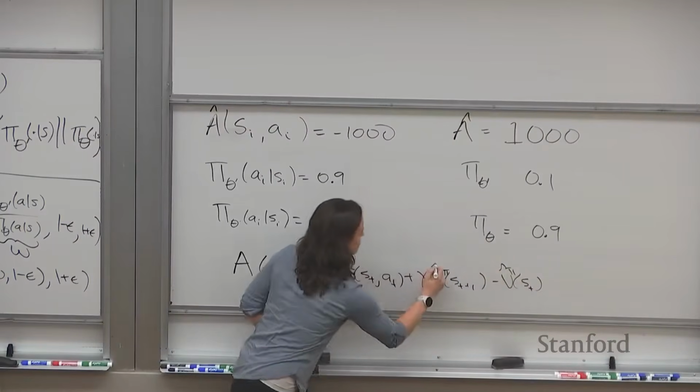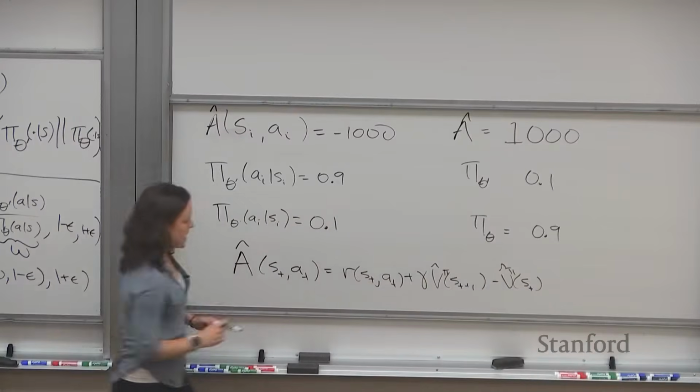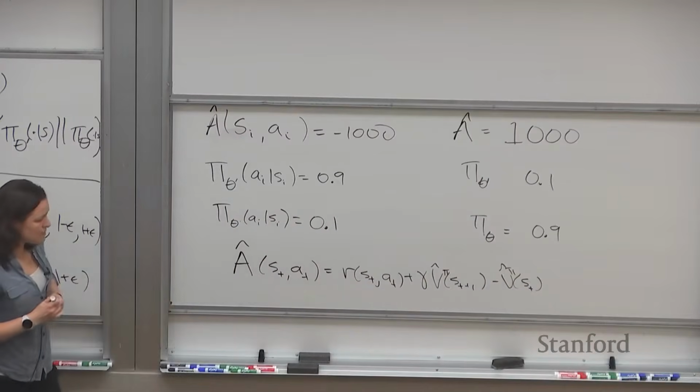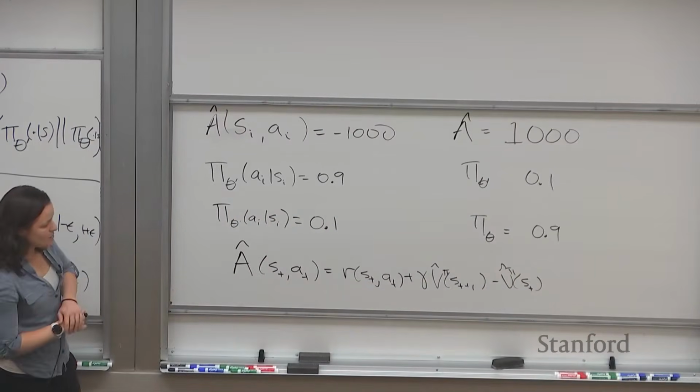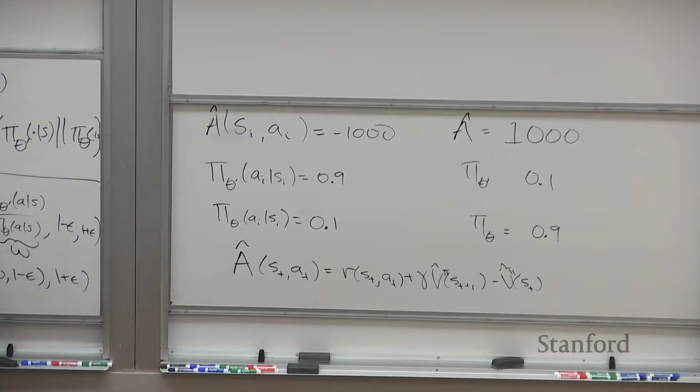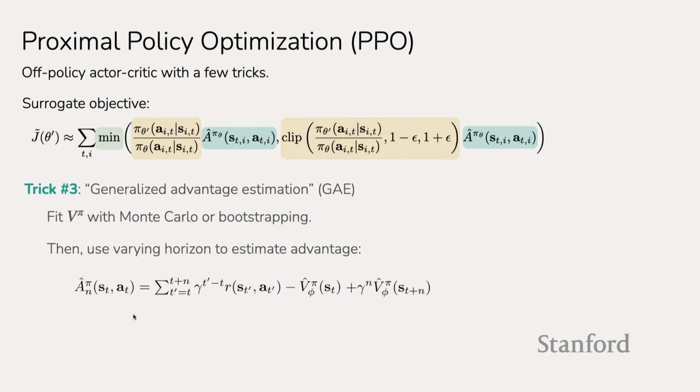And then each of these had hats on them. But you can also estimate the advantage using something that looks like n-step returns, where you're summing over multiple rewards into the future, and adding that future value instead of adding just one step into the future.